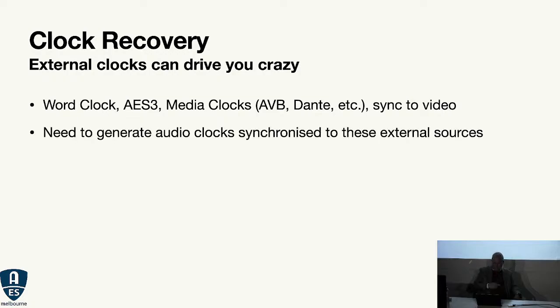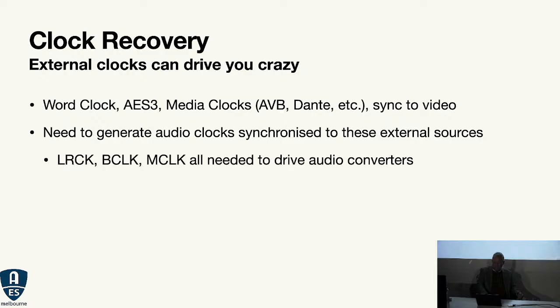So we need to generate audio clocks, and I'll mention in a minute which ones we need, but you need audio clocks so you can run your ADCs and your DACs so that they're synced to whatever your external time base is. Oh, well, I did mention it right here. So you need the LR clock, which is left-right clock. It's sometimes called frame sync, word clock.